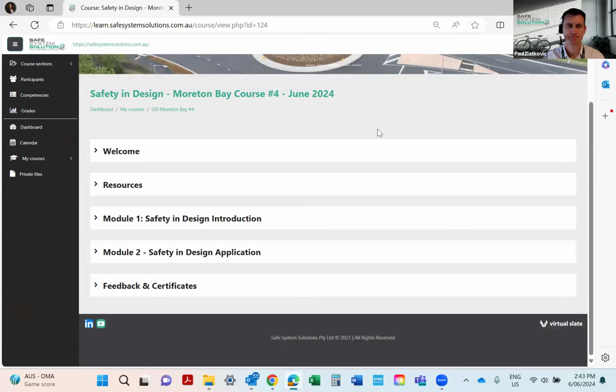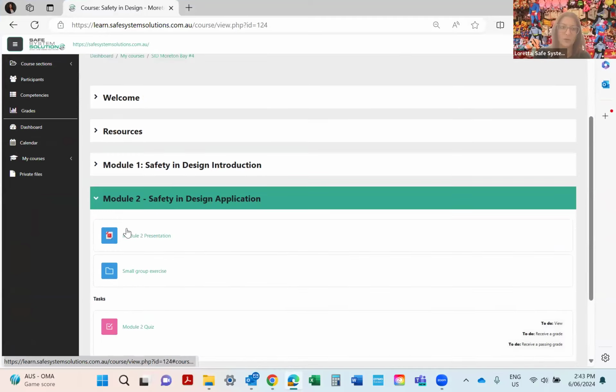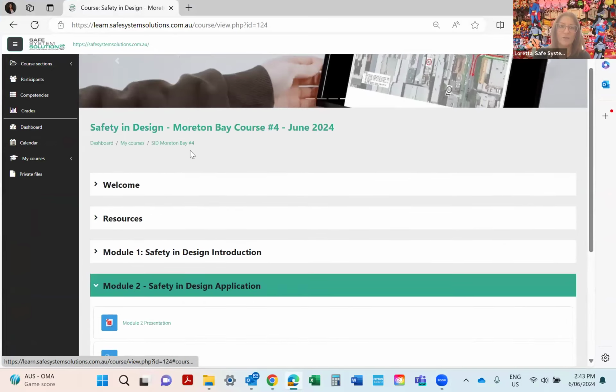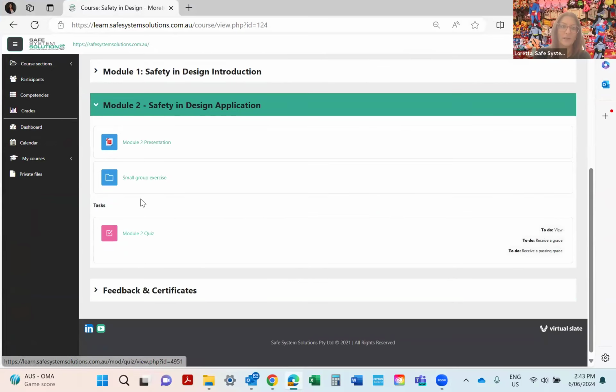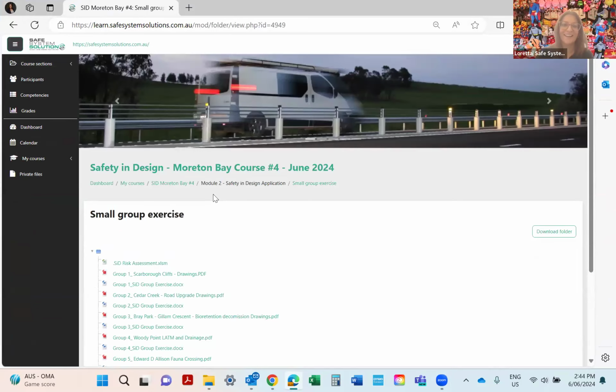Yes. Excellent. So we are in module 2. Just making sure you've been able to log in successfully, and we're looking at the small group exercise after the break. So ensure that you've got access to that folder. It's just loading up for me. I probably had it on pause for a little while too long.